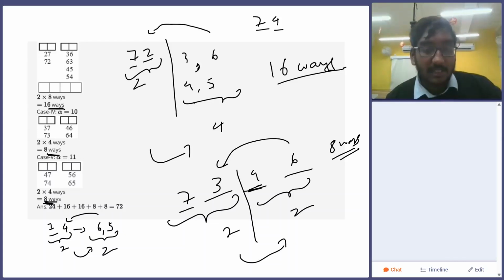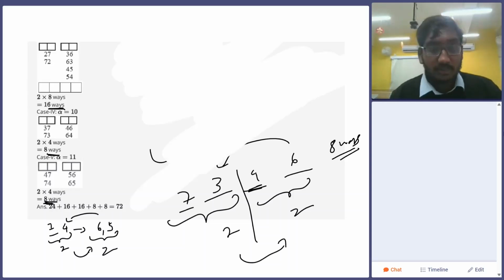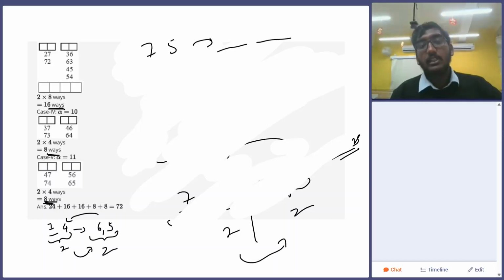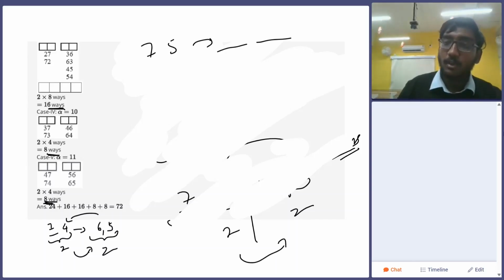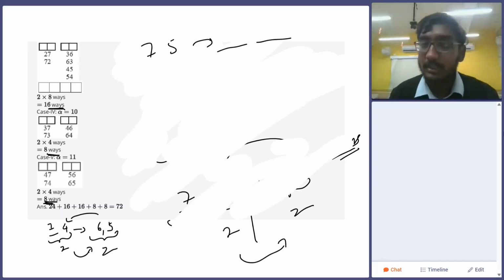And after this, you cannot go with the next case, that is taking 7 and 5. Why? Because if you take 7 and 5, the sum will be 12. So obviously, for the two numbers being filled, in what ways is sum 12 possible? 1, 11 and 2, 10, 3, 9 are not possible. 8, 4 not possible. 7, 5 also not possible. 6, 6, they are equal, so 6, 6 also not possible.